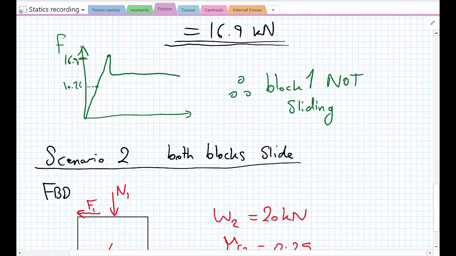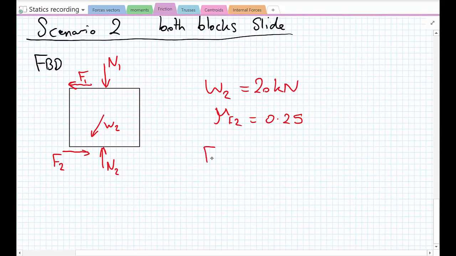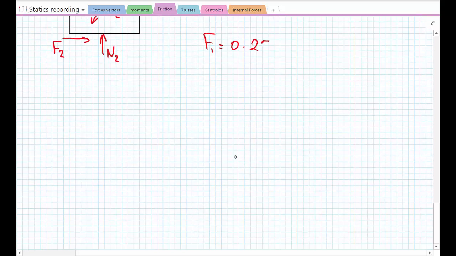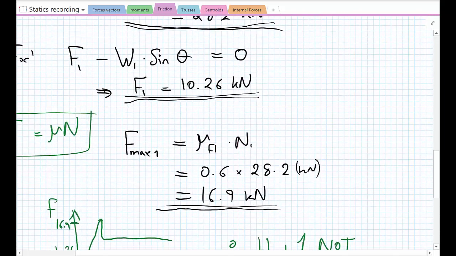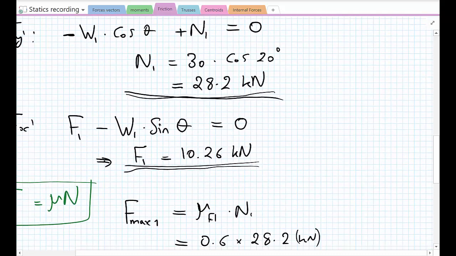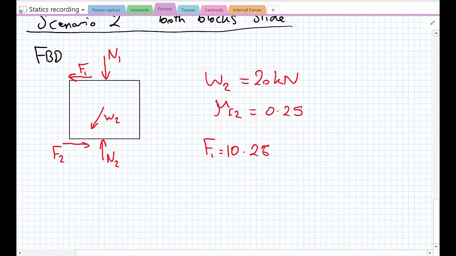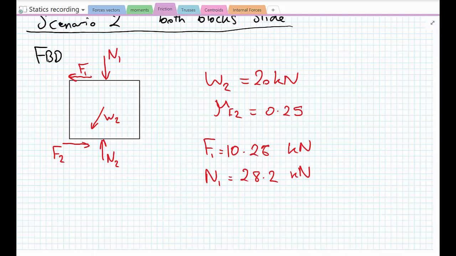So we have F1 equals 10.26, and N1 was 28.2. And both of these are in the units of kilonewtons. So a more complicated free body diagram, but now we've broken it down into all of these components.